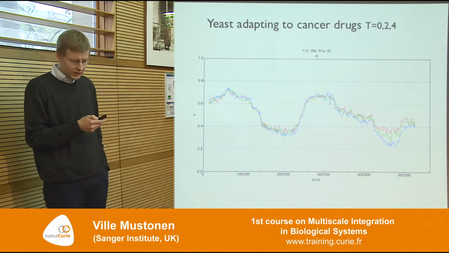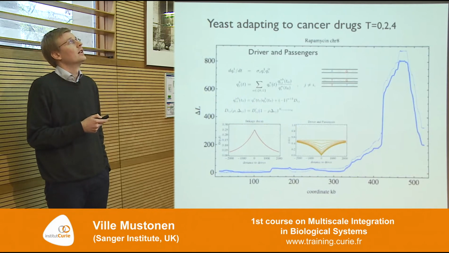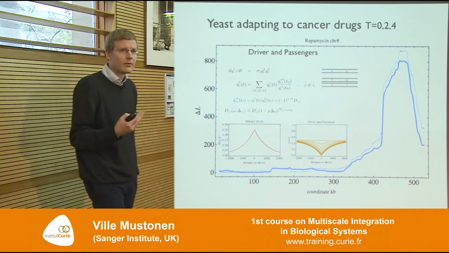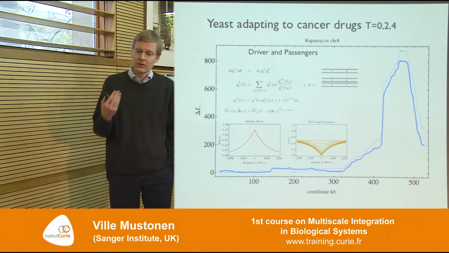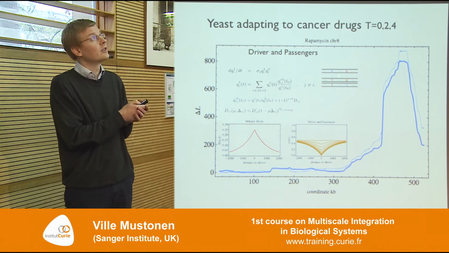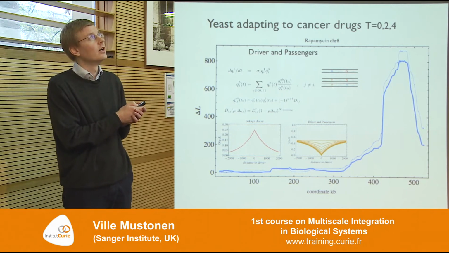And we have worked on how to quantify something like that from the data. It's a very simple model. We call it the driver and passenger model. Essentially what it's saying is that although the recombination was strong, and went on for 12 generations, it did not break down all the linkages. So the probability, let's say you have a red allele from one parent here, means that you are a little bit more likely to find a red allele next to you.